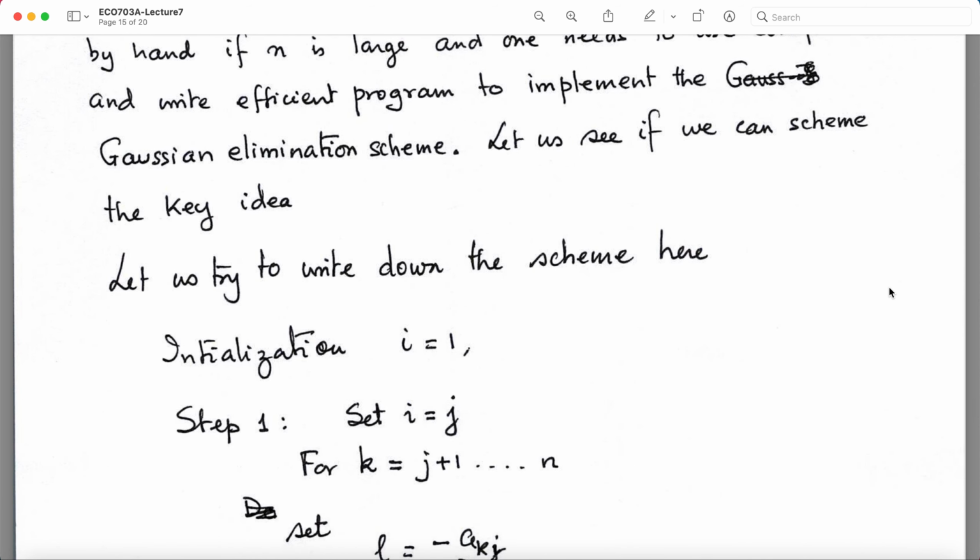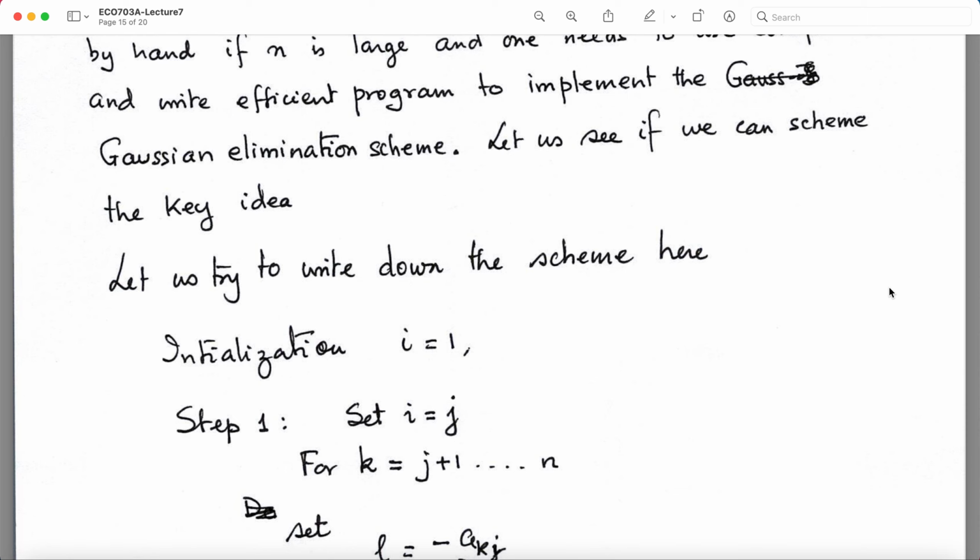I equal to 1 means you are taking the first row, right? So I equal to 1, 2, 3, 4, 5, 6, 7, 8. If I is equal to 1, then you have to now eliminate.